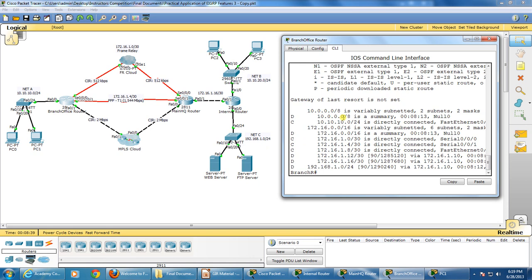So that's why we don't have any entry for the 10.10.20.0 here.